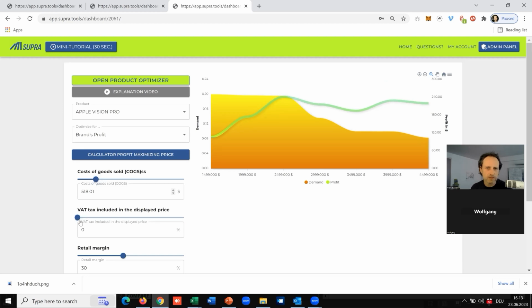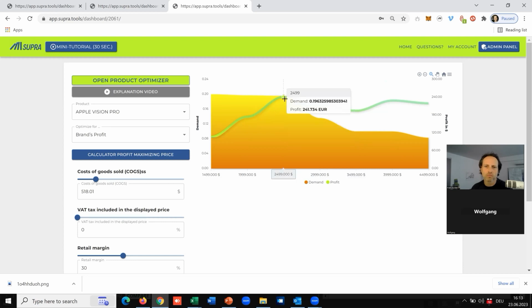The tax which is included in the price, which is not the case in the US, and a typical retail margin. So what we found is that demand is stable until 2,500, then it slightly drops, and then it's stable again on 3,500.